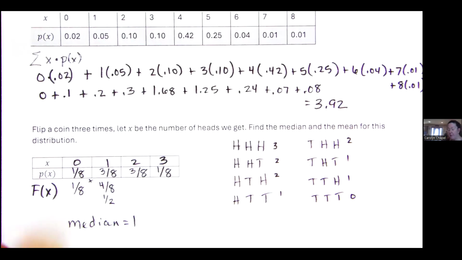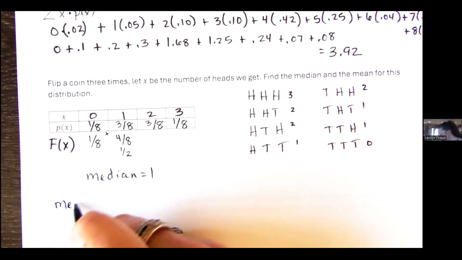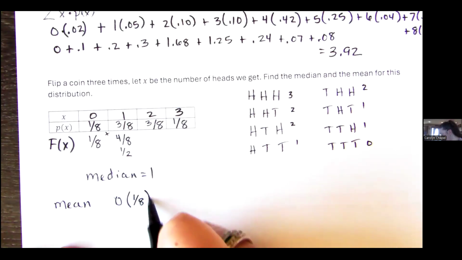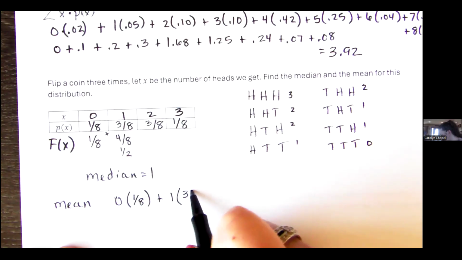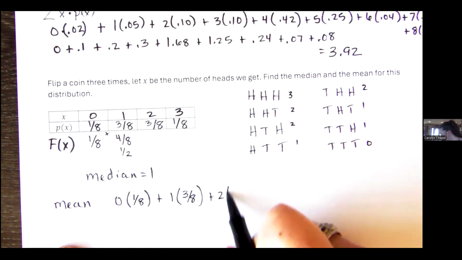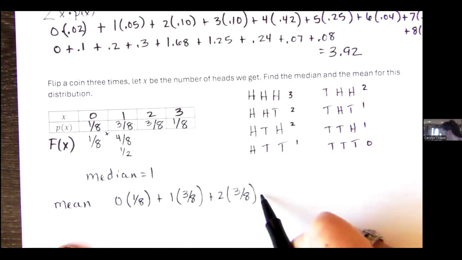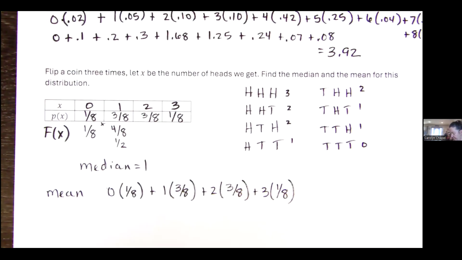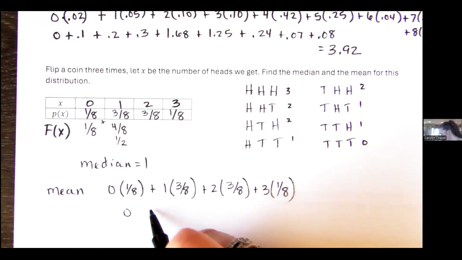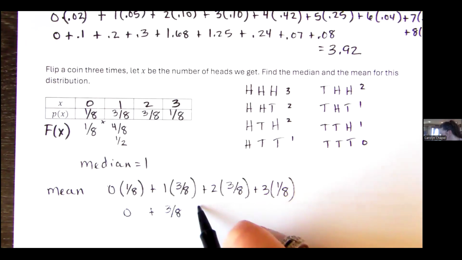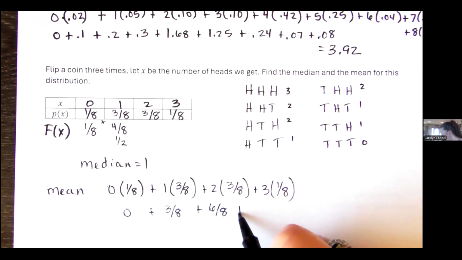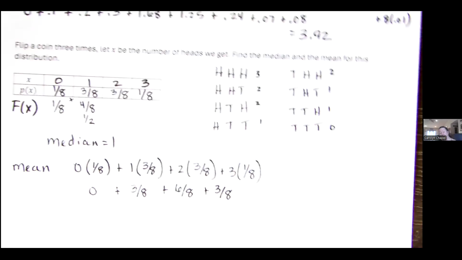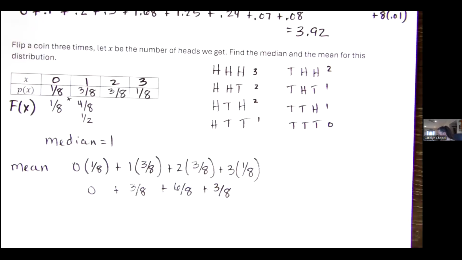My mean, we need to take our values and multiply them by their corresponding probabilities. I could do this in decimal form, or I can do this in fraction form, whichever you are more comfortable with. I will probably switch once I get them all multiplied together, because for me, it's easier to multiply fractions than it is to multiply decimals, because all I need to do is multiply the numerators.